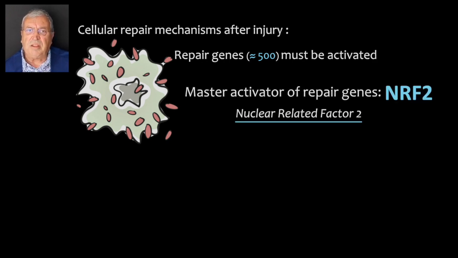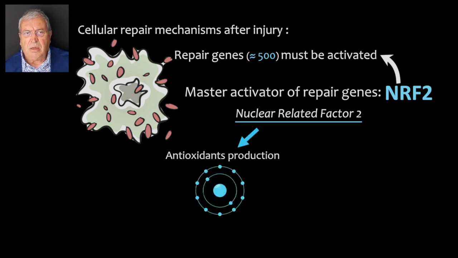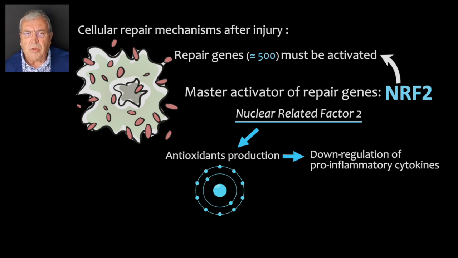But we need to activate them by the master activator, which is the nuclear-related factor 2. When we activate this protein, we increase the antioxidant production, leading to the downregulation of the pro-inflammatory cytokines.